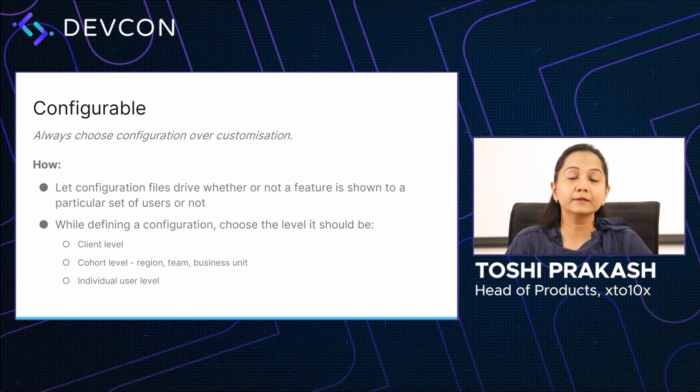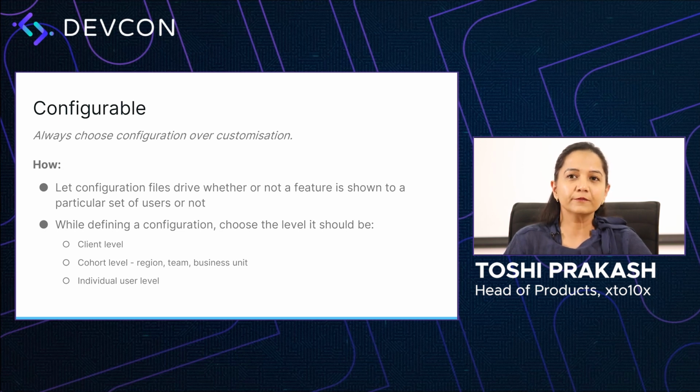So how do we make the products configurable? First of all, always choose configuration over customization. Please do not pick up builds which are very custom for a particular use case unless and until there is a dire need to do that.